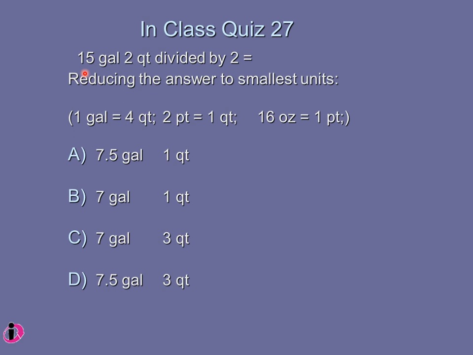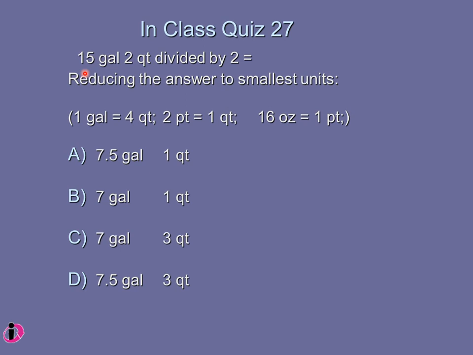You are dividing 15 gallon by 2, you get 7 gallon, remainder 1 gallon, which is 4 quart. 1 gallon is 4 quart.